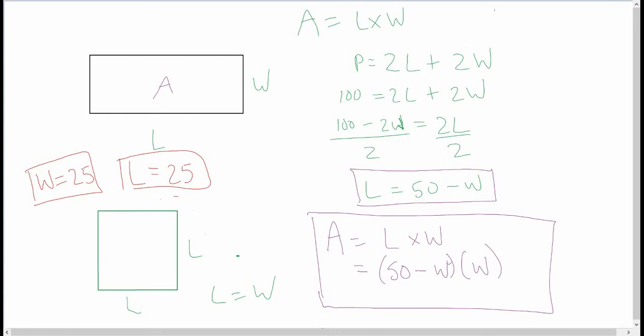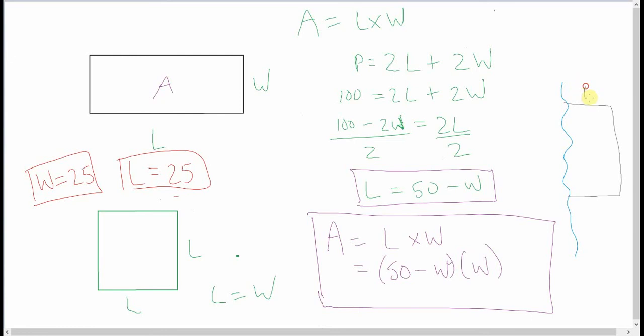Now, there could be a different situation where you only have 3 sides of the rectangle to deal with, in which case maybe there's a river on the other side or some kind of structure.